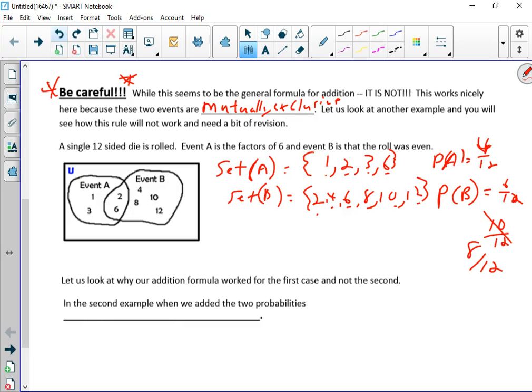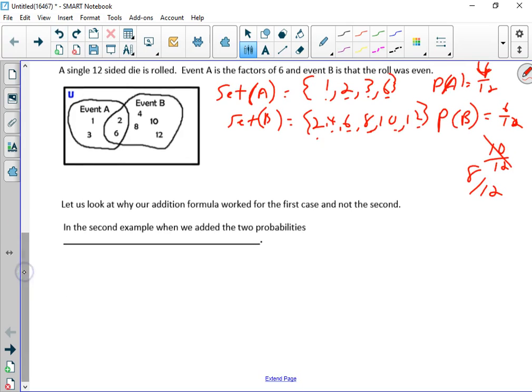So, let's look at why our addition formula worked for the first case and not the second. In the second example, we had 2 probabilities. The intersection got counted twice.